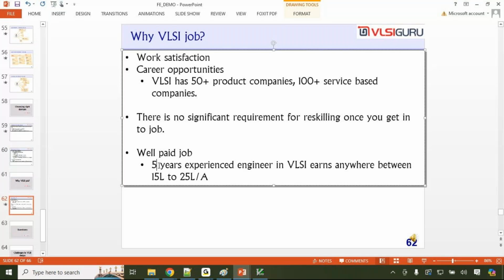In VLSI, whatever I learned around 2005-2007, in the initial 3 years of my career, the same knowledge I use now also. Same SystemVerilog, same UVM. There is nothing like .NET, no new thing happened. After 20 years, my previous knowledge is still relevant today. So that way your work-life balance will be better.